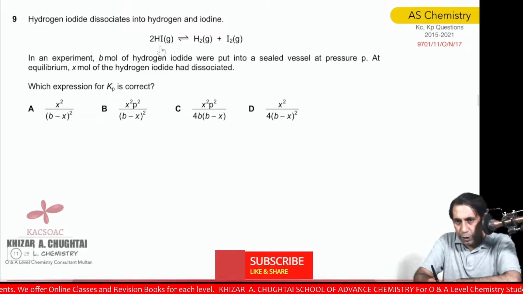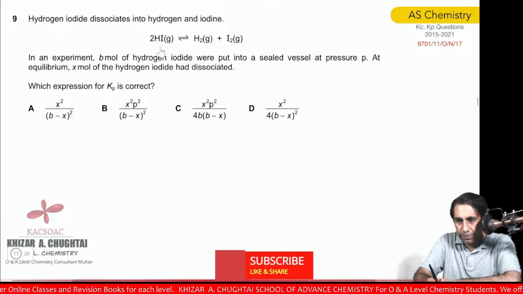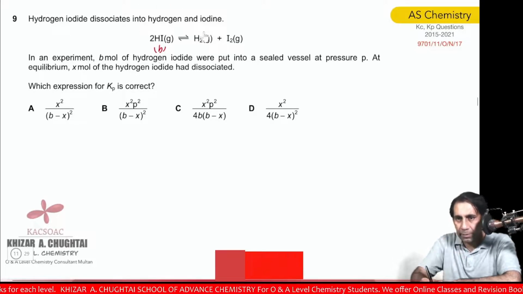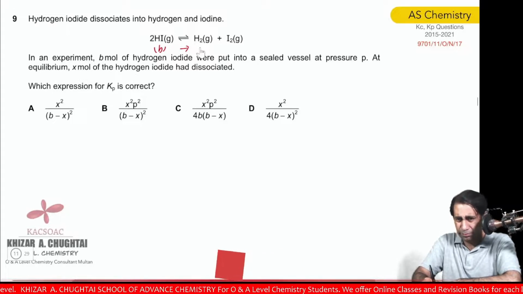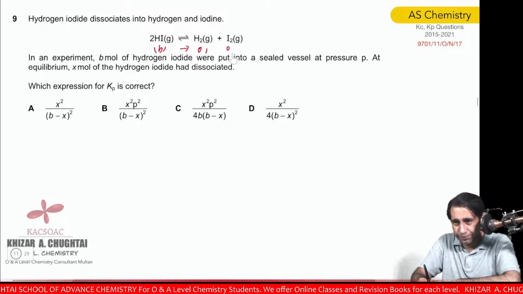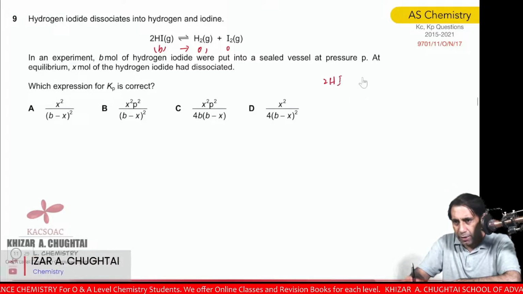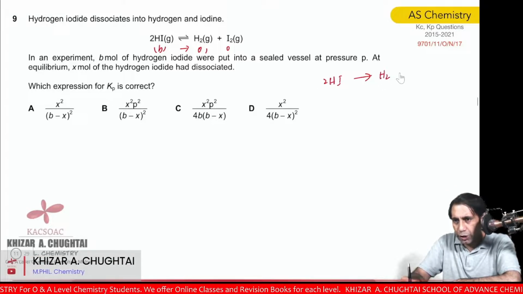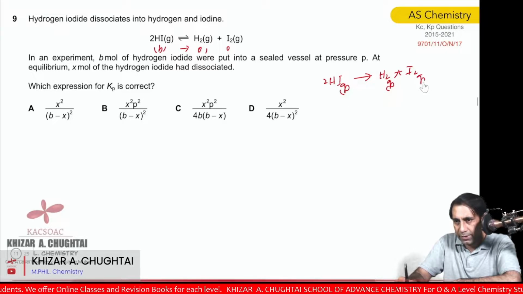Initially it was equal to B. Initially, there were 0 moles of hydrogen and 0 moles of iodine. I'm going to write it over here: 2HI goes to H2 plus I2. All substances are gaseous.